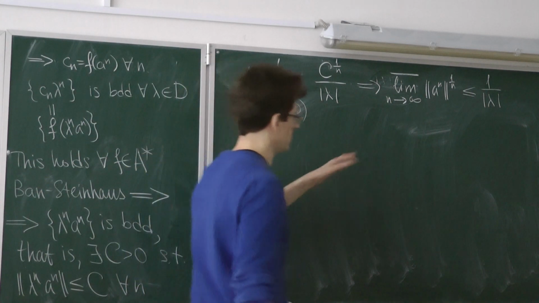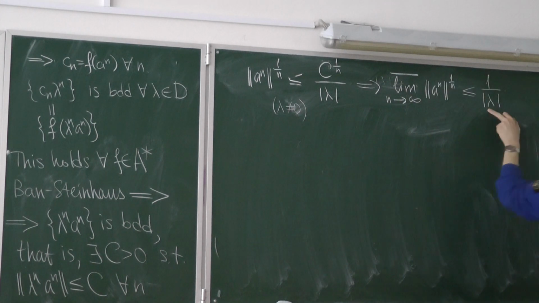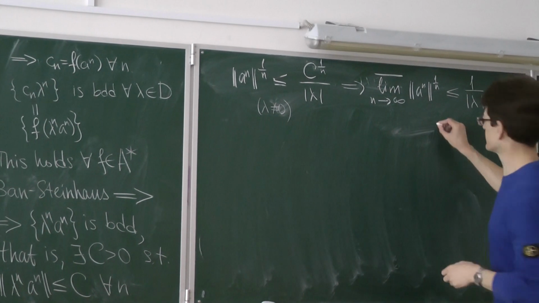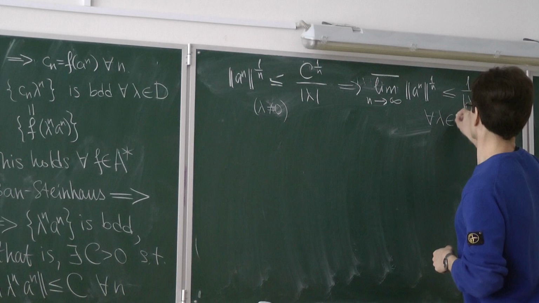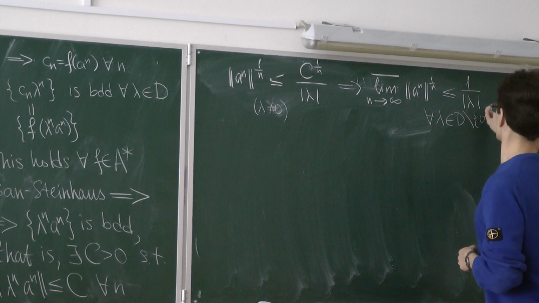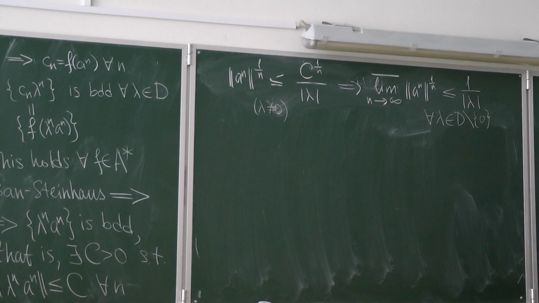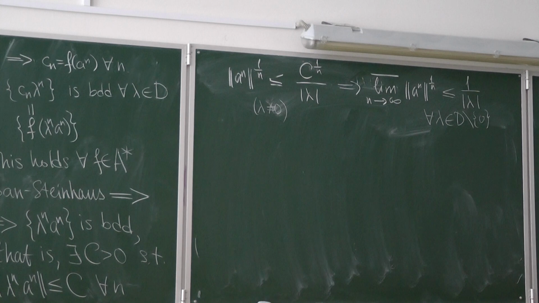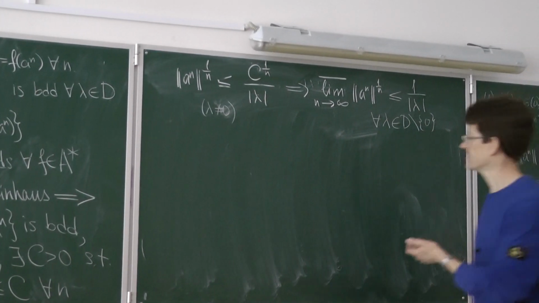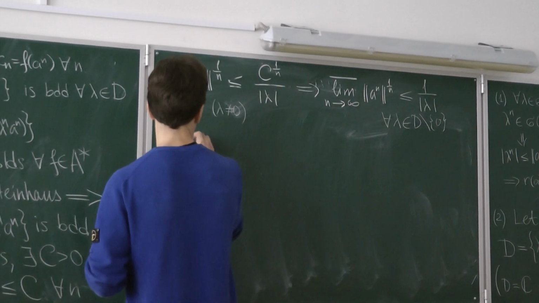Now this inequality holds for each non-zero number lambda in the disk. And so when lambda goes to the radius of the disk, that is to 1 over R(A), we get the following inequality.